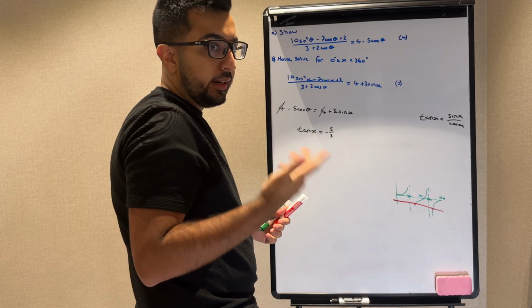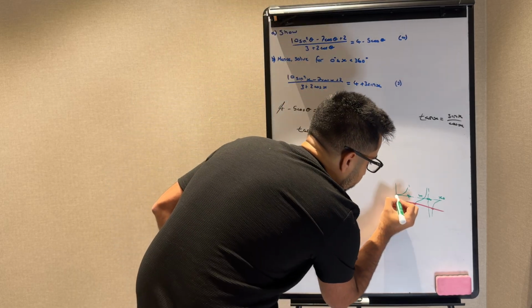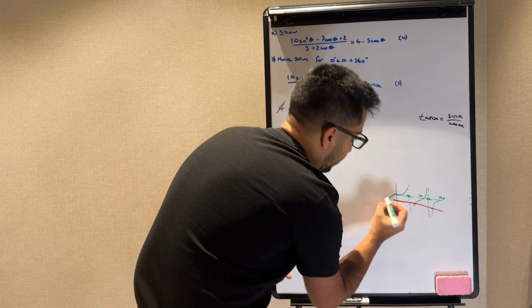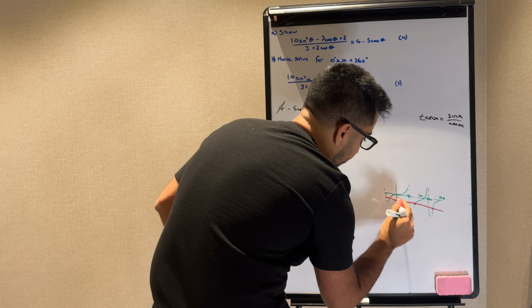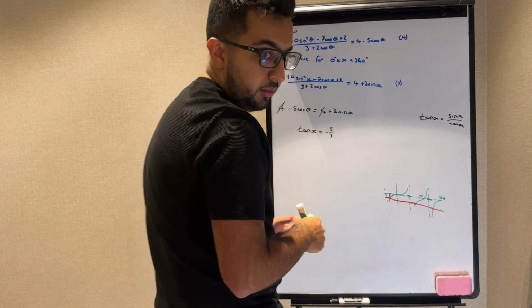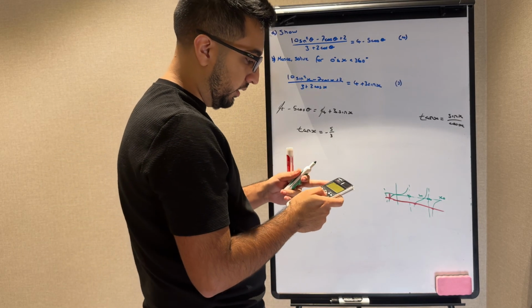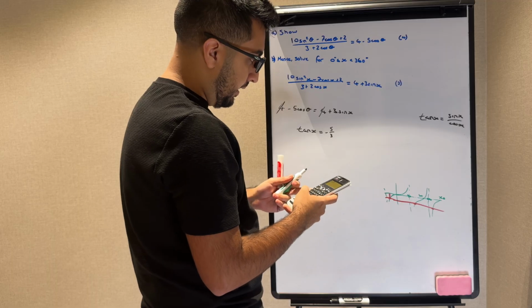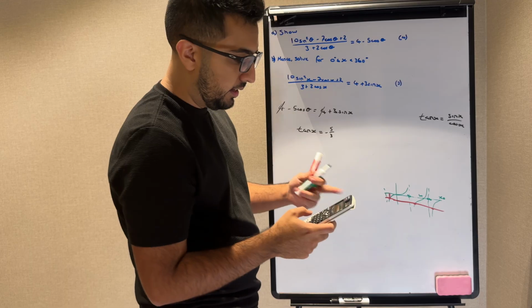But remember, the calculator is always going to give you the answer that's closer to 0, which in this case is going to be this answer here. So, cool. We will make sure our calculator is in degrees, do inverse tan of minus 5/3, and as I said, minus 59.